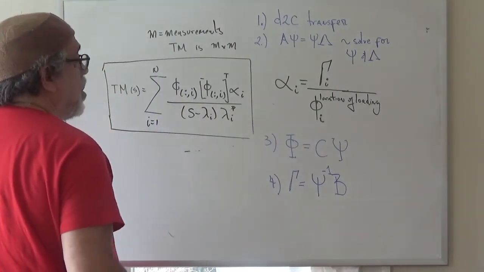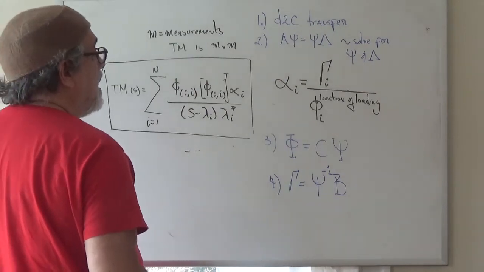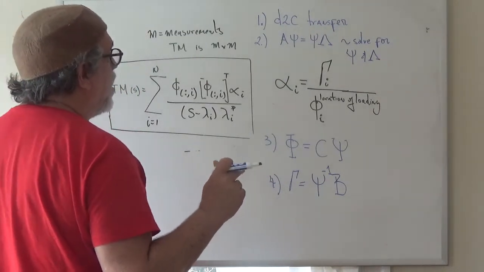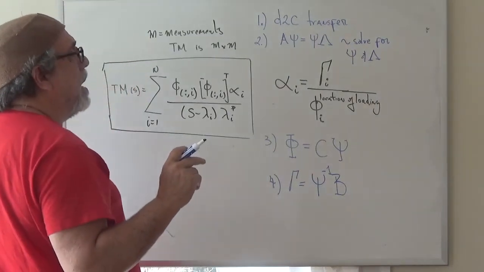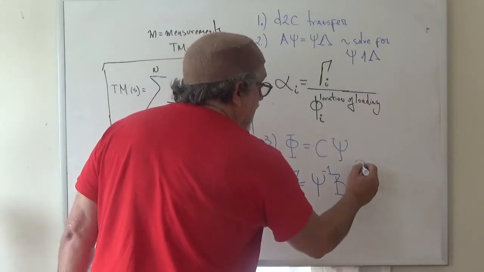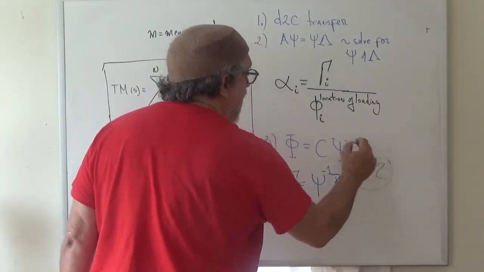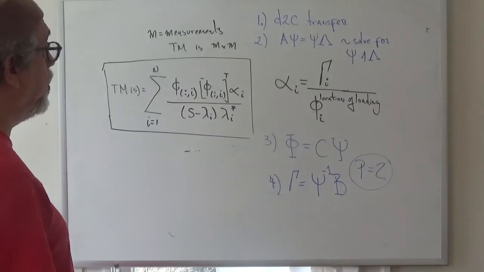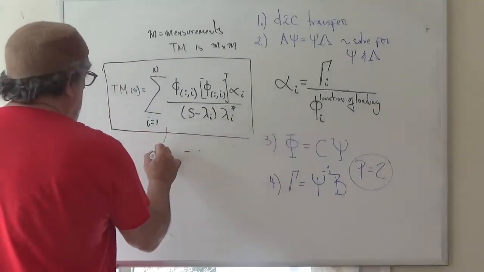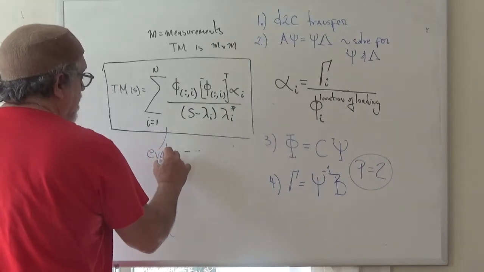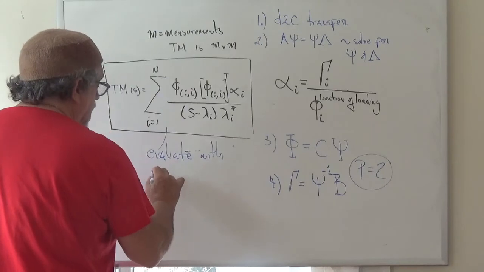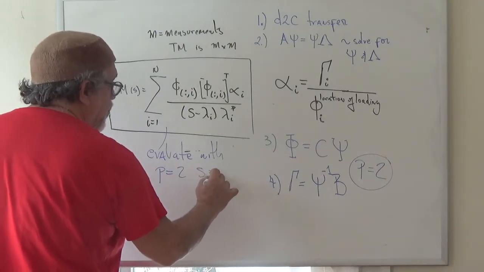The homework is such that the matrices A, B, and C, if I did not say it there, I think I did, but if I did not say it, we have acceleration measurements. So P is equal to 2. Okay, we have acceleration measurements, so P is equal to 2. Then with P equal to 2, evaluate this at s equal to 0.